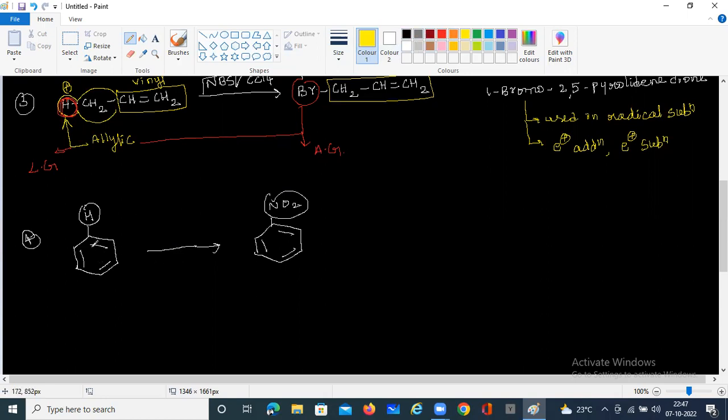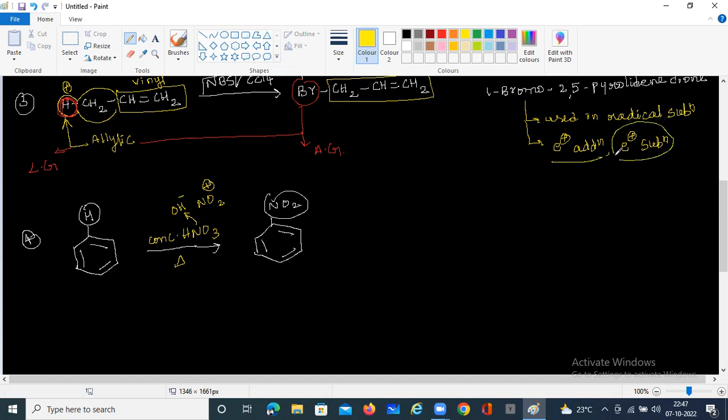Okay, I will tell you. Whenever this aromatic ring is heated in the presence of concentrated nitric acid, HNO3, we can write OH minus and NO2 plus. So with this NO2 plus, what type of process is going to occur? Electrophilic addition or electrophilic substitution?